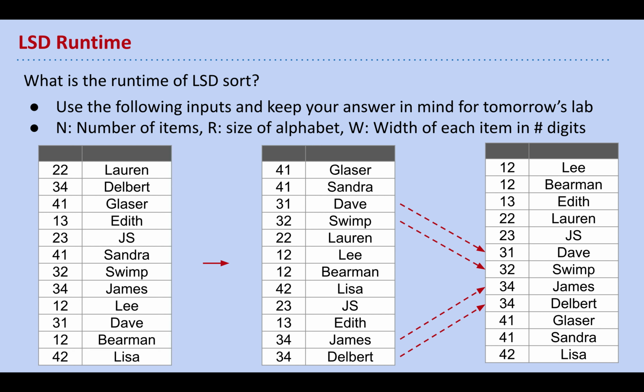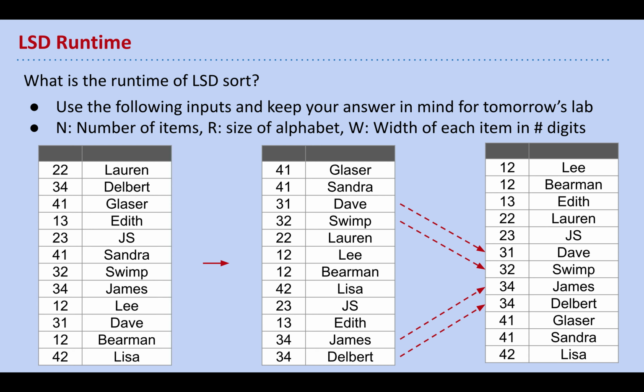But the question for you to ponder is, what is going to be the runtime of this LSD sort? We were thinking before, how can we beat n log n? Now we have a bunch of other factors to think about. This is for tomorrow's lab, so try to ponder it until you get to lab tomorrow. How long is our array? We're going to need to look through n things at some point. And what's the size of our alphabet?